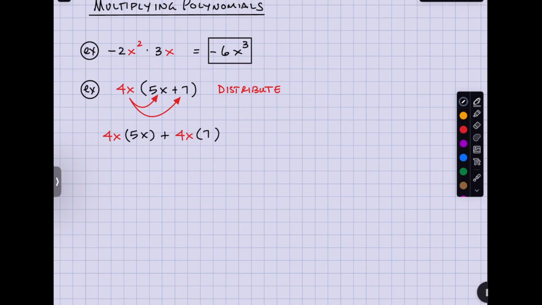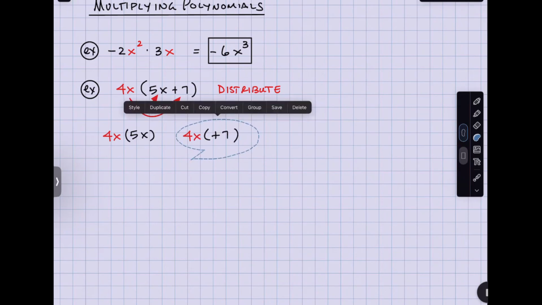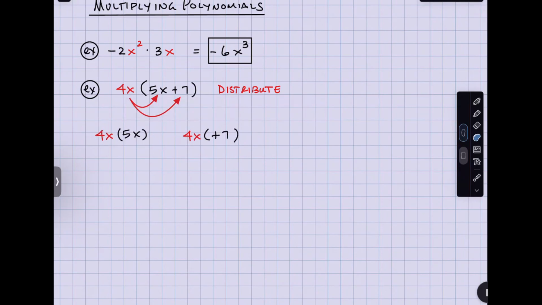Or better yet, let's do it this way. So notice that I'm not going to put a sign in between. Because what I'm going to do is I'm going to let the value of that coefficient determine the sign in front. If it's positive, addition. If it's negative, subtraction. Okay? So what is 4x times 5x?